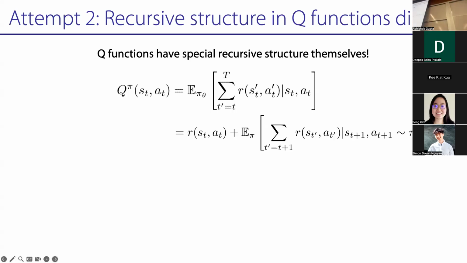Eric, what do you think? The right-hand side. I want to convert this equation into a recursion in Q. We know the definition of Q, and we've separated out the first term from all the other terms. So how do I write this recursion in terms of Q?